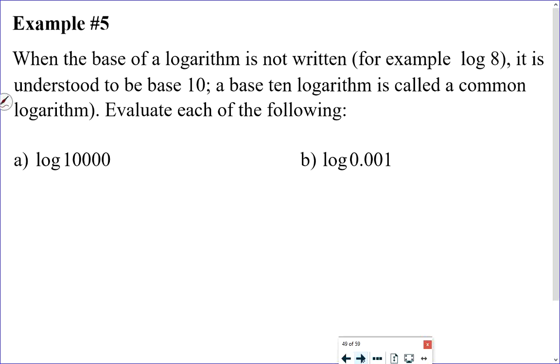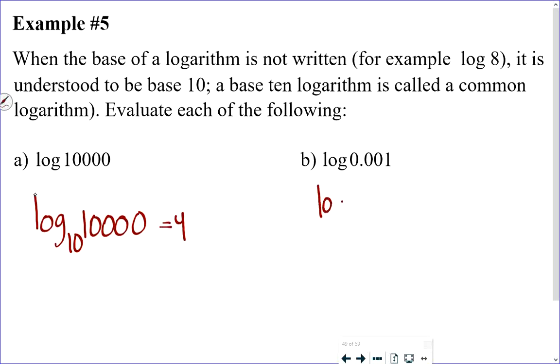We go 0 up to 9, and then we have to kick it over to another decimal or another placeholder. So this means log base 10 of 10,000. I would argue that everybody should know that's 4, because 10,000 is 10 times 10 times 10 times 10, which is 10 to the 4.